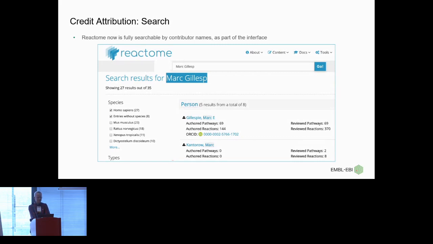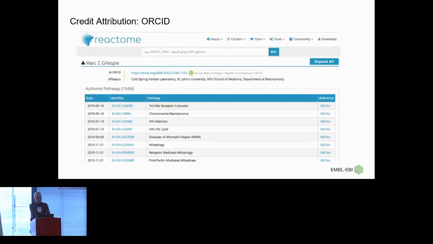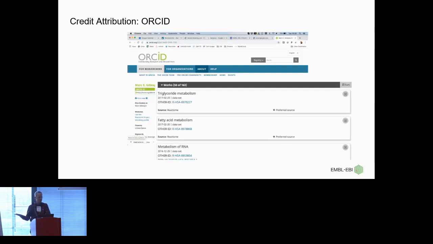And a while ago, we changed Reactome so you can search with your own name, and you get the contributions of that person to Reactome across pathways, reactions, etc. If you are that person, you can click, get into the ORCID interface, authenticate yourself, and then claim all your contributions to your ORCID profile, and you see pathway curation in the same way in which you see, let's say, your bioRxiv papers or whatever as your contributions to the scientific record.